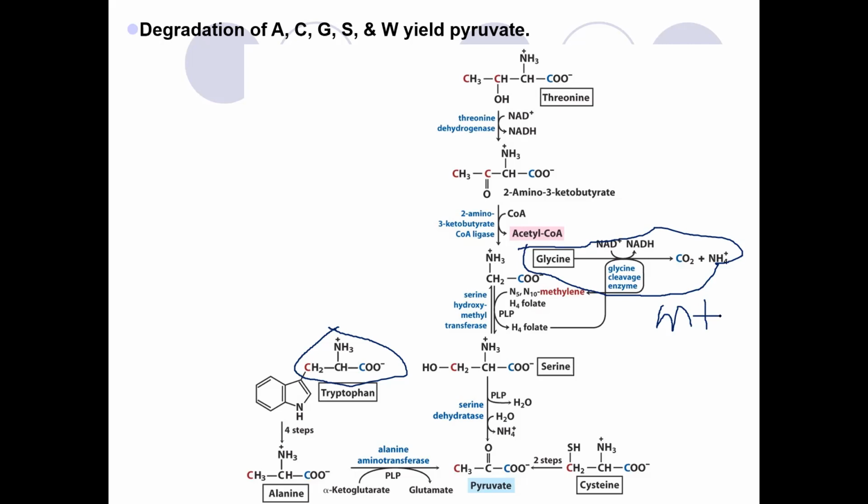If glycine is subjected to the glycine cleavage enzyme, it does not contribute to either ketogenesis or glucogenesis. And in mammals, a lot of your dietary glycine gets converted to ammonium and carbon dioxide via the glycine cleavage enzyme.